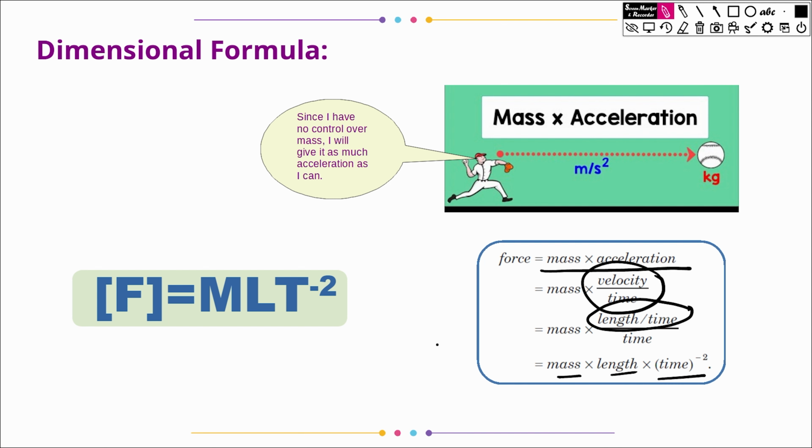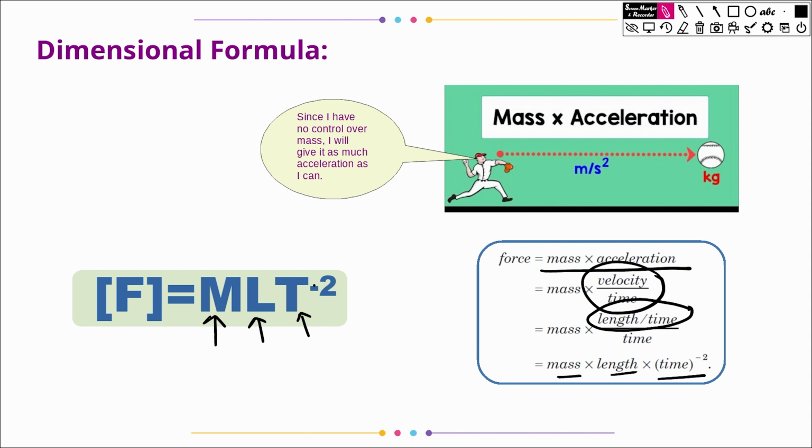So you can see the dimensions of force are 1 in mass, 1 in length, and minus 2 in time. Already we have learned that mass is denoted by symbol capital M, length is denoted by capital L, and time is denoted by capital T. Therefore, altogether we can write [F] = [M L T^-2]. Note that in this type of calculation, the magnitudes are not considered.